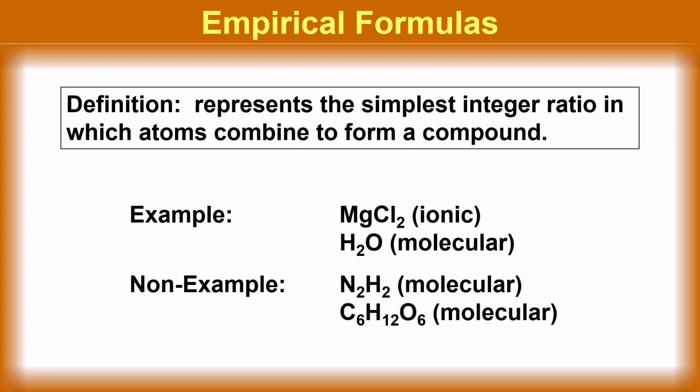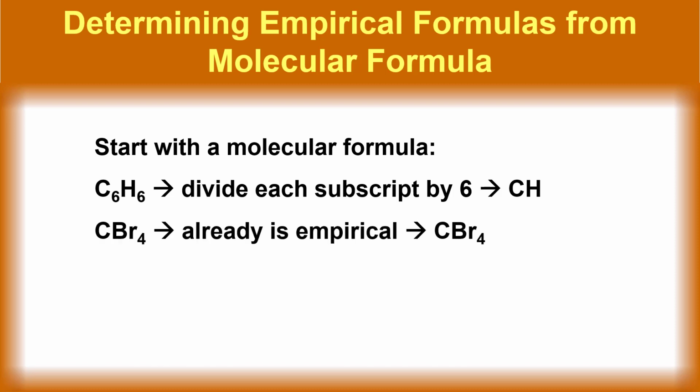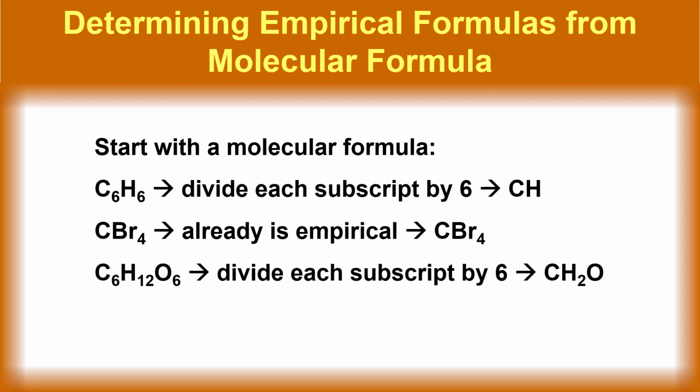A non-example would be these right here, and any non-example of an empirical formula will be a molecular formula. It will not be ionic. Ionic compounds are always empirical. And to reduce a molecular formula into its empirical formula, you find the common factor and divide by that.